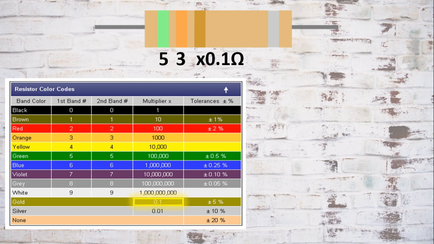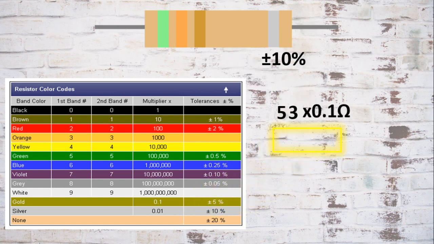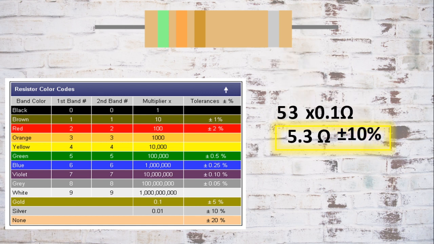Our multiplier is gold, which gives us the value of times 0.1 ohm. And finally, our tolerance is silver, which gives us the value of positive negative 10%. So we have 53 times 0.1 ohm. That gives us the value of 5.3 ohms with a tolerance value of positive negative 10%.